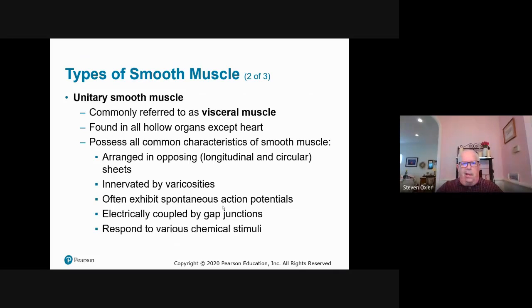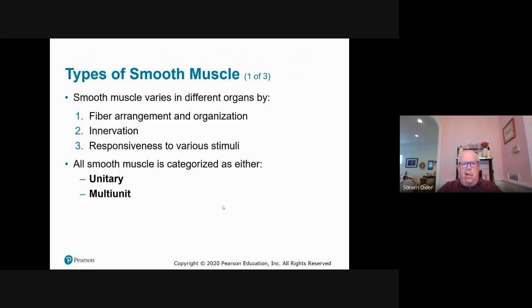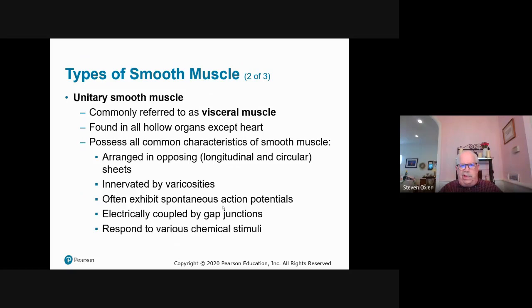But let's go back. I want you to know the two types of smooth muscle. They're categorized by the arrangement of fibers, their innervation, and their responsiveness. All smooth muscle is characterized into two categories: unitary or multi-unit. Unitary smooth muscle is known as visceral muscle.